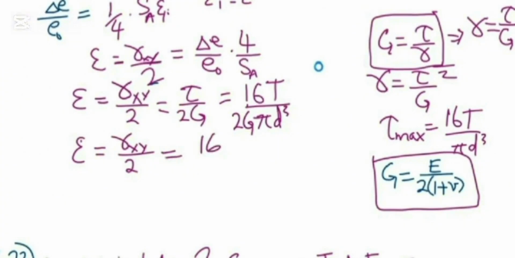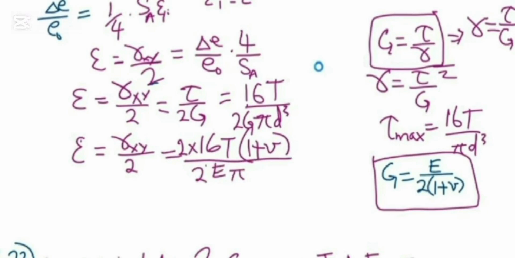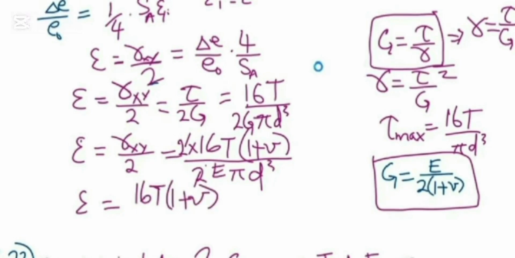When we substitute the shear modulus, the 2 will come up, 2 times 16T bracket 1 plus mu all over 2E. When you simplify, 2 cancels 2, so this is finally equal to 16T, where T is the torque, multiplied by 1 plus Poisson ratio, all over pi d cubed.